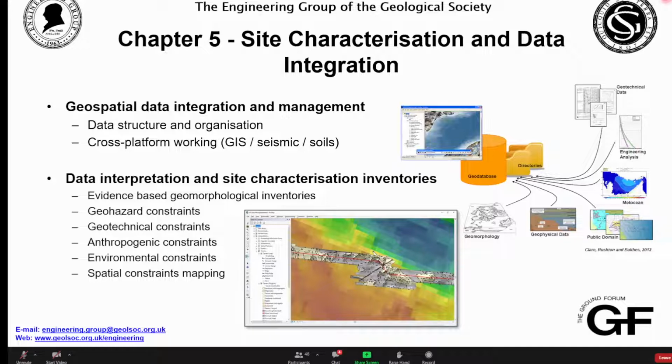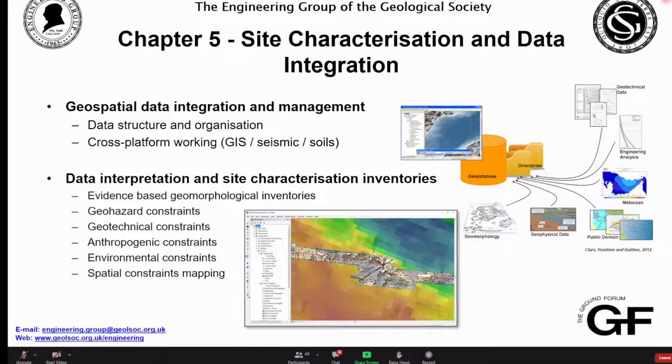So again, this won't be a textbook for how to use ArcGIS or Kingdom Suite, but we'll talk about some of the opportunities and also challenges in integrating data sets between, say, geospatial GIS databases, seismic interpretation software, and then geotechnical databases.